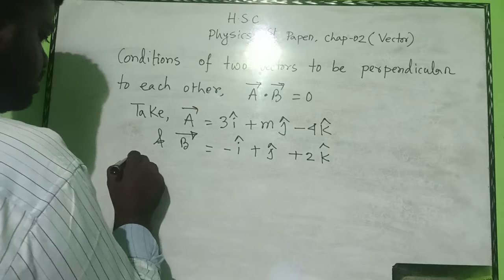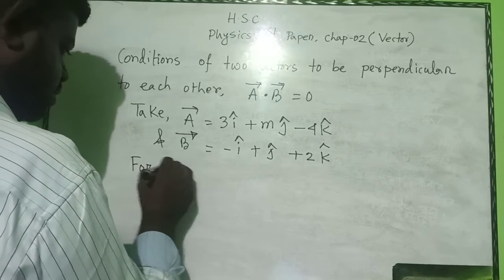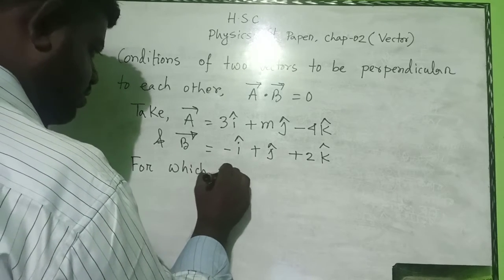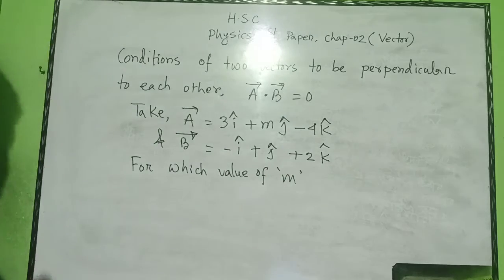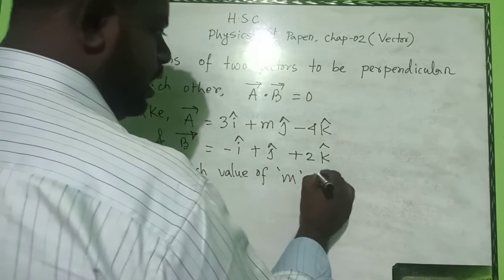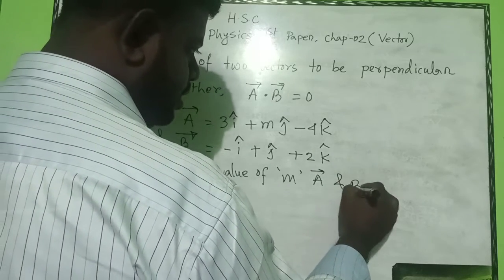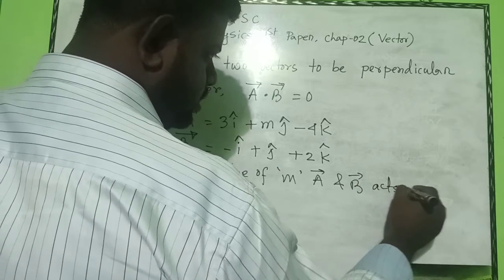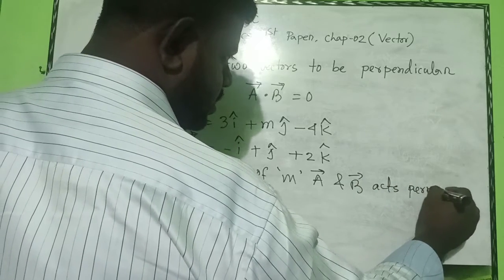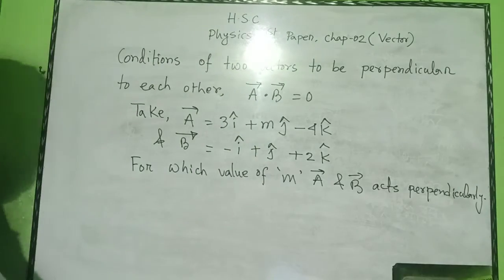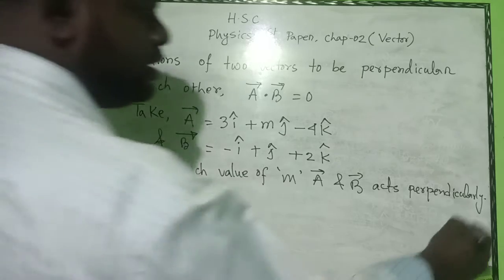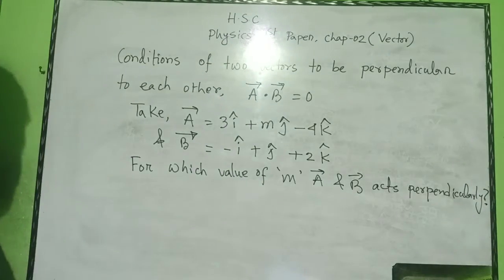So I want to know for which value of m A vector and B vector act perpendicularly. I want to find out, for which value of m A and B act perpendicularly.